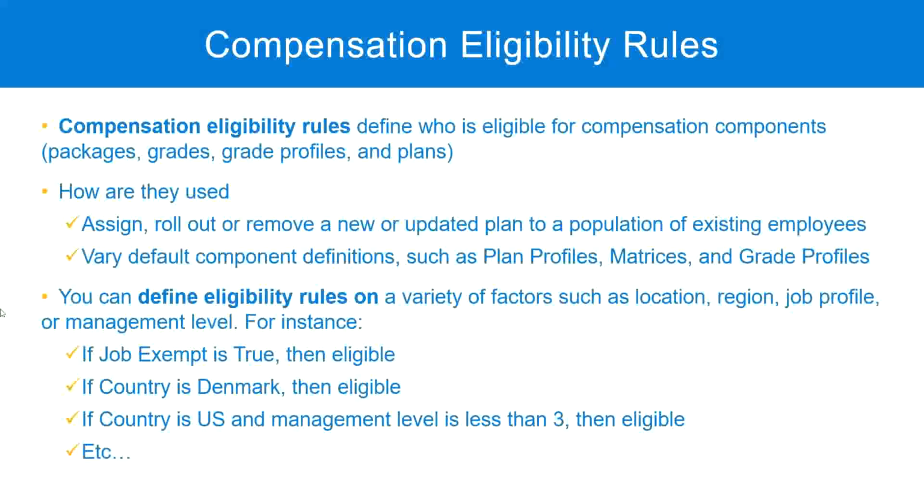So it is a business decision whom you are going to give a certain allowance, and based on that decision, we will write our eligibility rules. So eligibility rules are a set of rules that define who is eligible for a compensation component, correct? So yesterday we created a compensation eligibility rule, and what did we do with that?